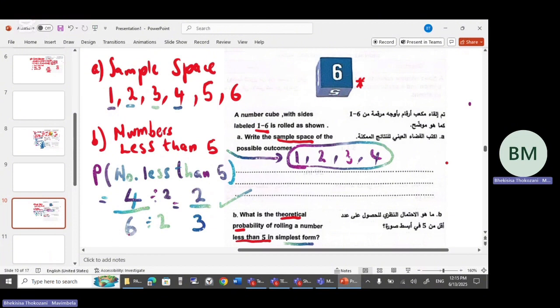So that's why I'm writing 6 here. Then to simplify it, you need to find a number that can go into both 4 and 6. To make your life easy, I always start with the smallest number. If it's still giving me issues, I move on to the next one, until it is completely simplified.